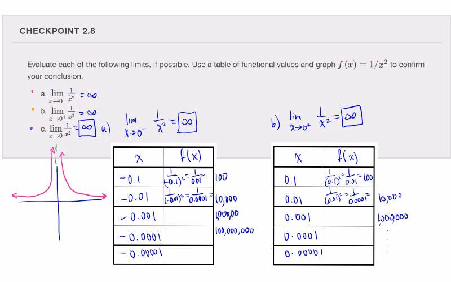So we still have that invisible boundary there where it can't be 0, but on either side it goes up forever, right? It goes up forever on the right, goes up forever on the left. And so that's what this function looks like. Because this can never be negative, right? If I square a number, no matter what I put in here, if I have a positive 1 over something squared, it's always going to be positive. And so that's why there's nothing below the x-axis.